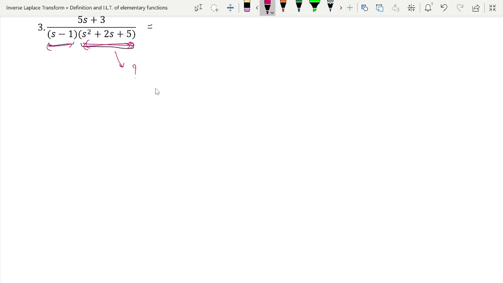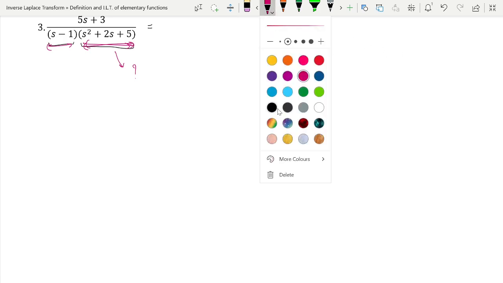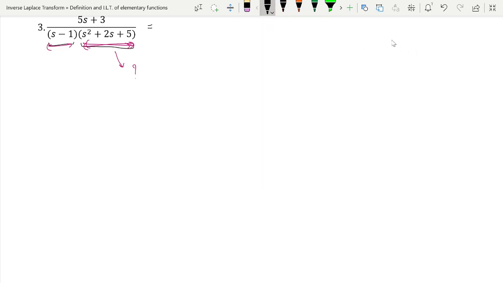The answer to that question is simple. We just have to calculate the discriminant, b square minus 4ac. Now, let me just recall that concept. What is the discriminant? If we are having a quadratic polynomial ax square plus bx plus c, then d is equal to b square minus 4ac.